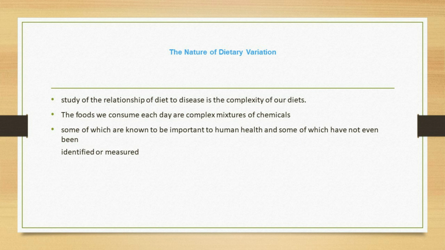Work and school schedules, illnesses, holidays, weekends, seasons of the year, personal preferences, availability of food, social and cultural norms, and numerous other factors all influence our daily food choices. As a result, our nutrient intake varies from day to day. The magnitude of the variations differs with the nutrients.